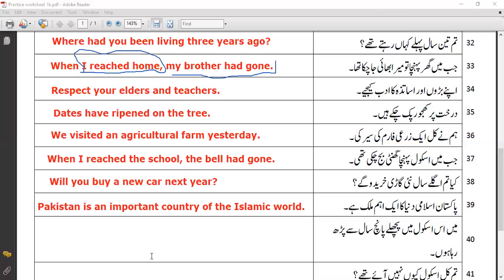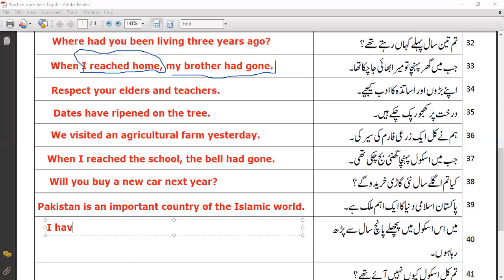Coming to the next sentence. मैं इस स्कूल में पिछले 5 साल से पढ़ रहा हूँ. Okay. Present perfect continuous.